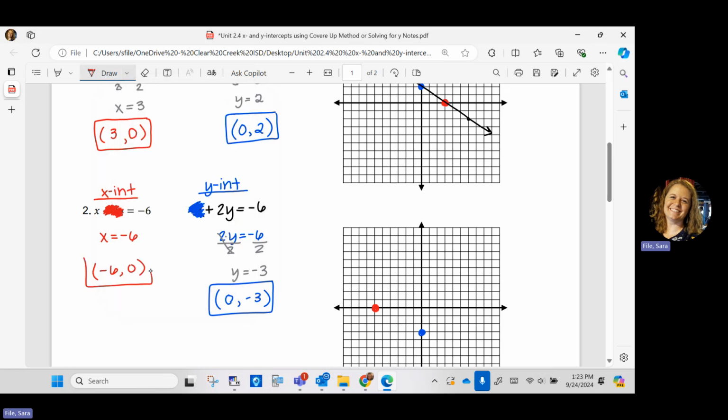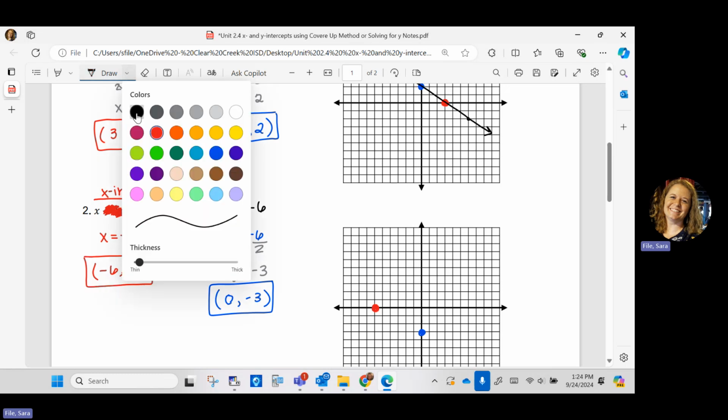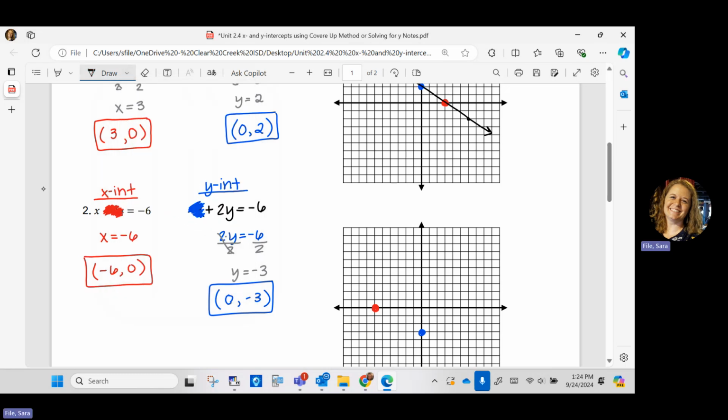If you want additional points, count the slope between those and repeat it. Between the blue and the red, that's up 3, left 6. So you could go up 3, left 6 again. That's going to put me off the graph.